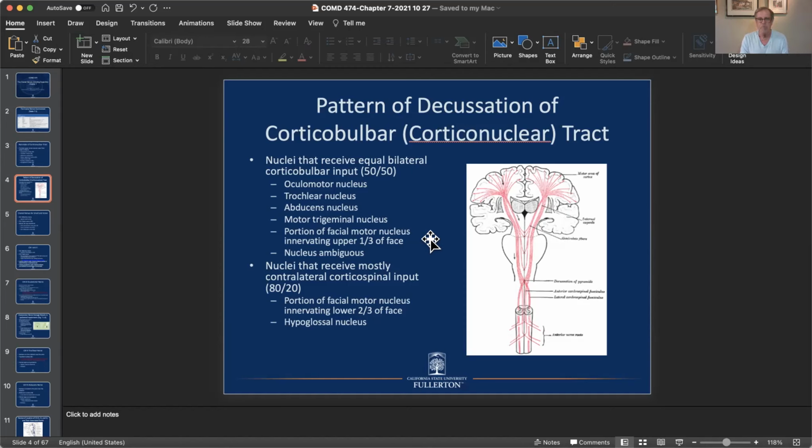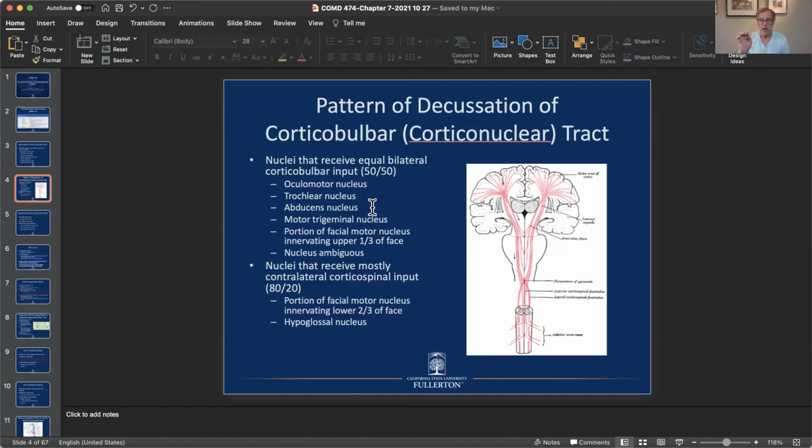Most of them do receive input about equally from the 2 sides of the brain, meaning that they receive ipsilateral input about 50%, and contralateral input about 50%. And those are the oculomotor nucleus, the trochlear nucleus, and the abducens nucleus.